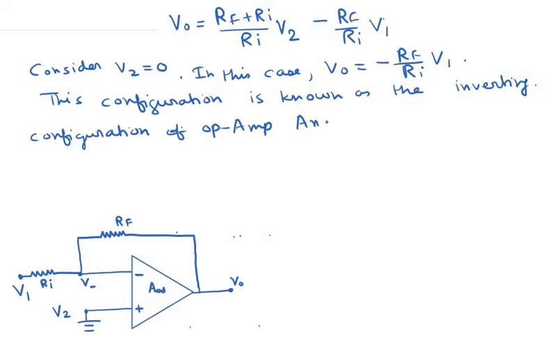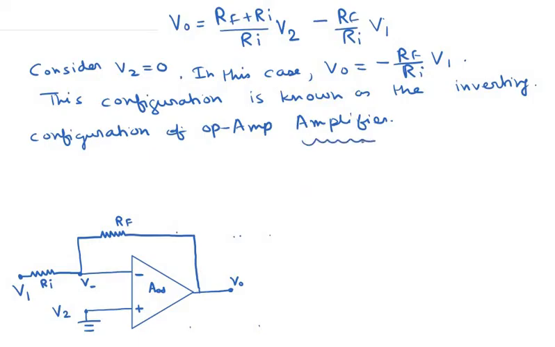Why is it known as an amplifier? This is known as an amplifier because from this formula we can understand that if RF is greater than RI, then V0 is greater than V1. Okay, or if RF is greater than RI, in that case V0 is an amplified version of V1. So that is why this configuration is known as inverting amplifier.